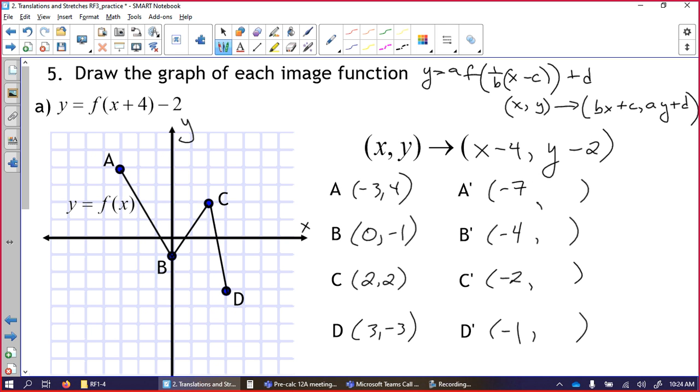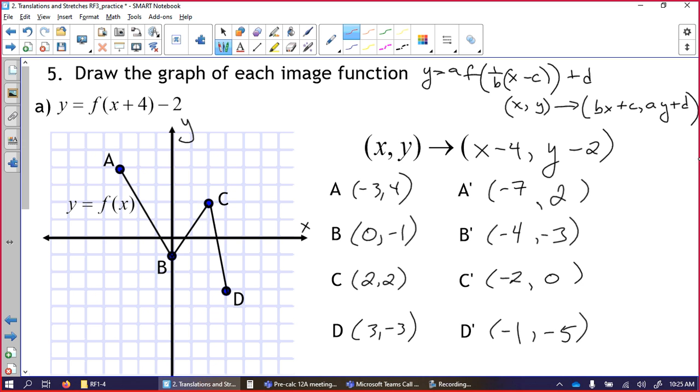And if I make an arithmetic mistake, don't hesitate to correct me, please. Just like normal, we generate new x coordinates. So the y's, we do the same thing. We just follow the mapping rule. 4 minus 2 is 2. Negative 1 minus 2 is negative 3. 2 minus 2 is 0. And negative 3 subtract 2 is negative 5.